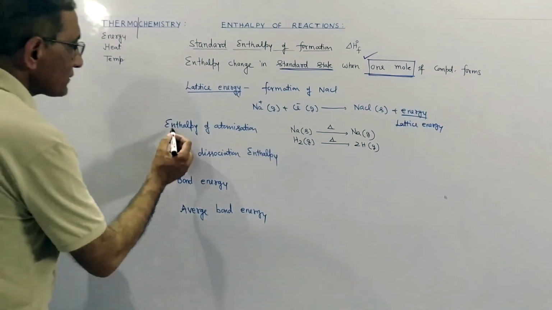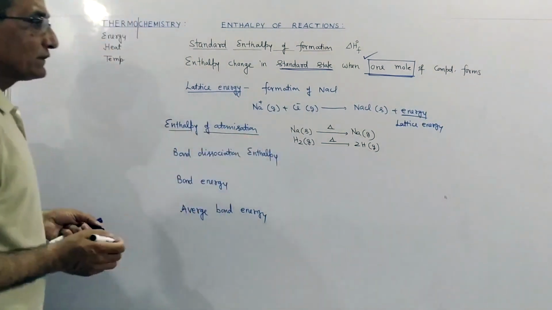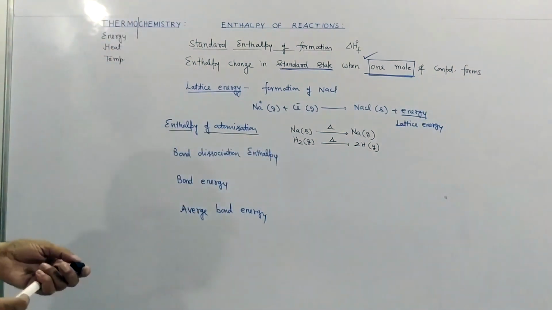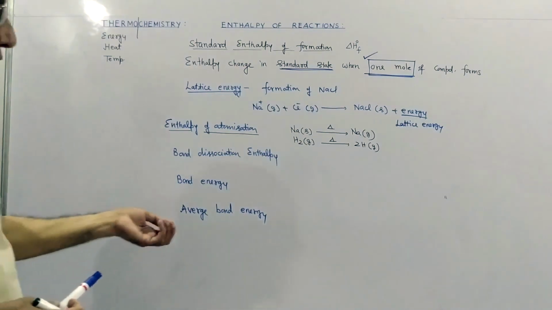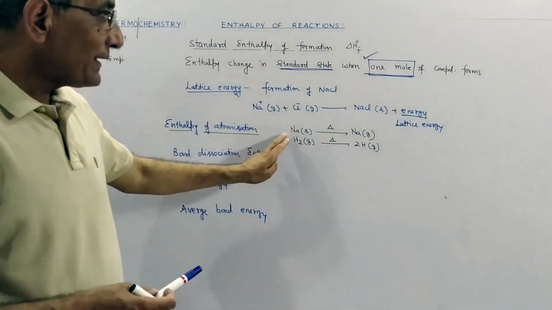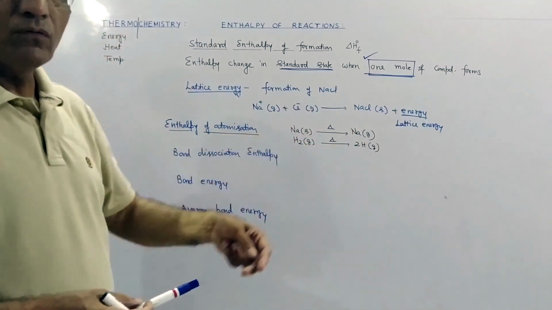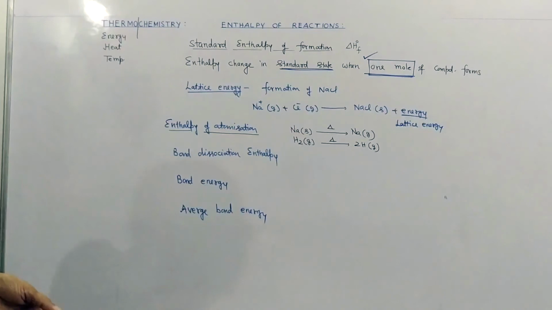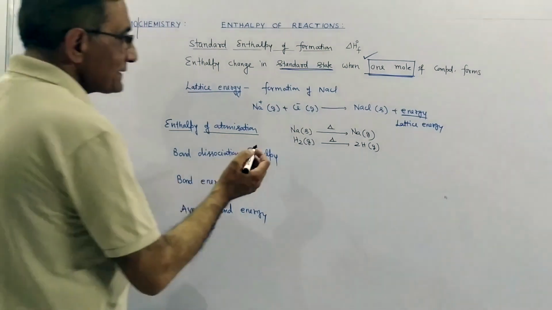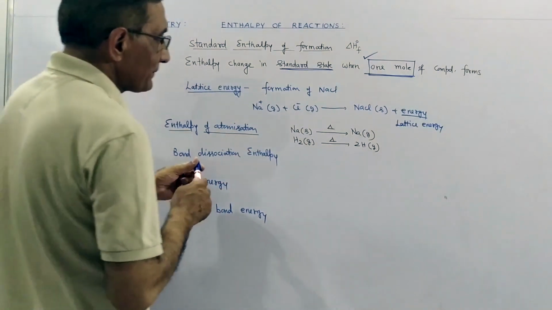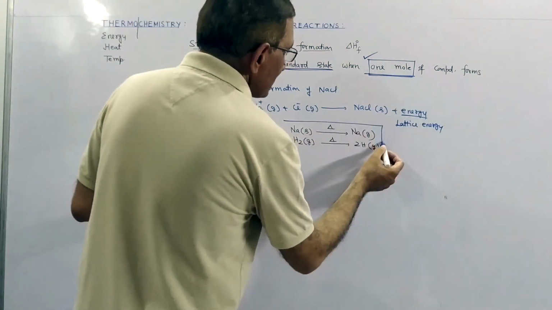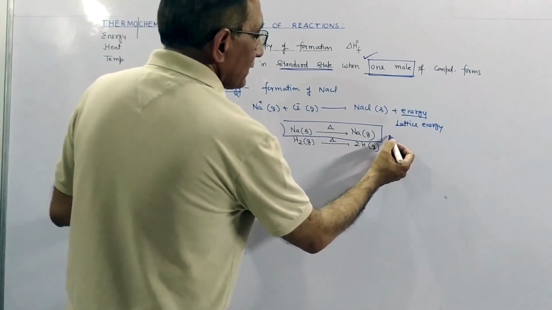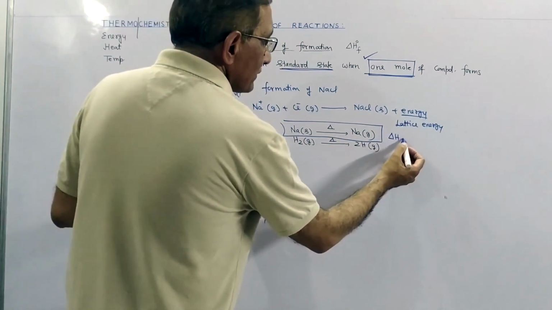So I think you can understand what enthalpy of atomization is. It is the heat required when 1 mole of compound or element changes into its gaseous atoms. And you have to be careful here that this energy is also called delta H sublimation.